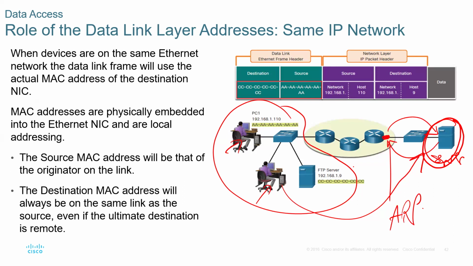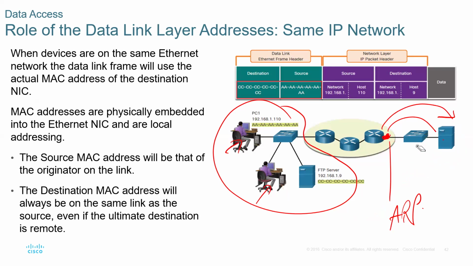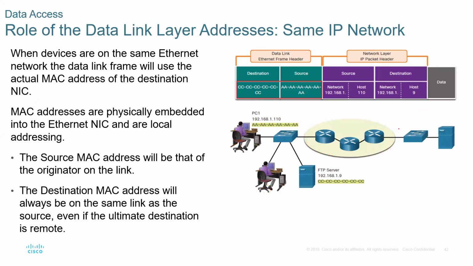Then the information is sent complete with both the IP address and the MAC address to this specific device. If there is no response, then no message will be sent. So in summary, there are two types of addresses. One is used locally, it works locally. The other one works remotely, which is the IP address.